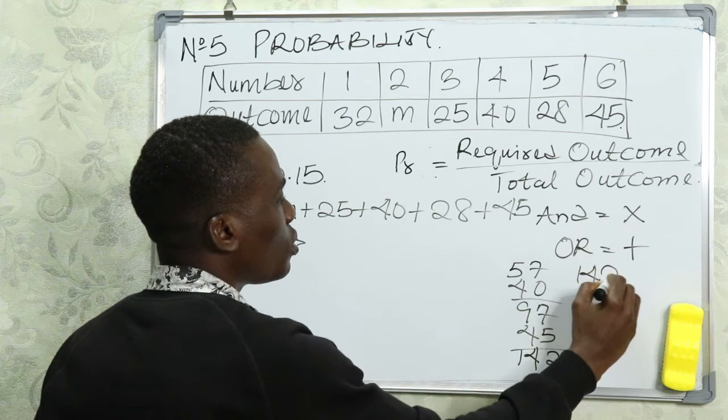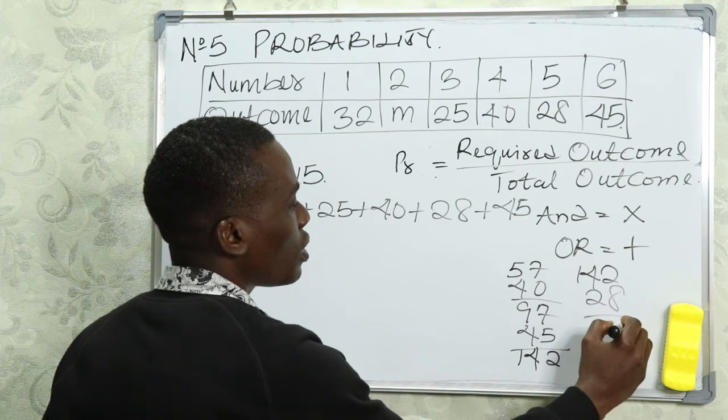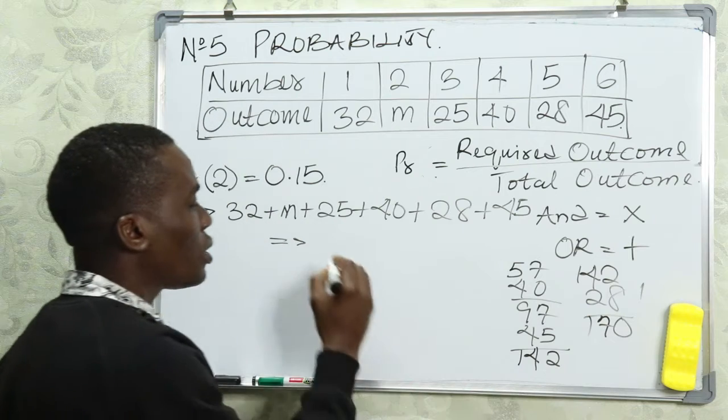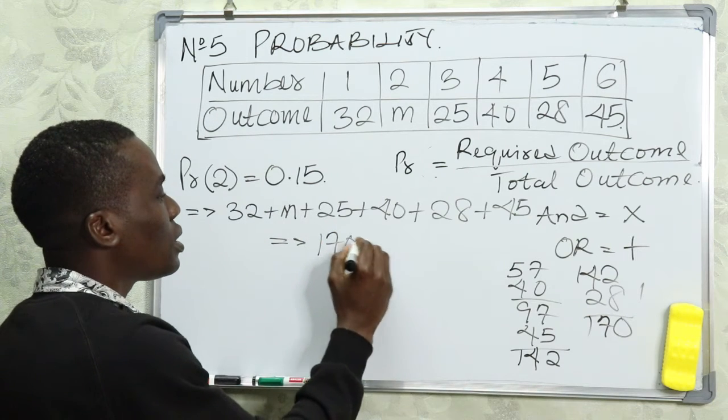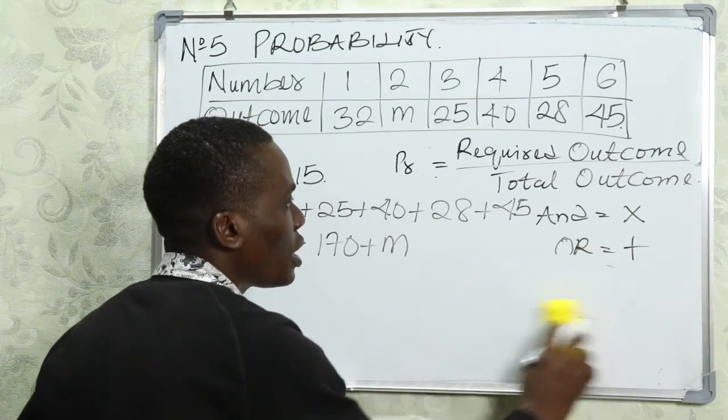Then 142 plus 28 will give us 170. So that will give us 170 plus m. That's the value we are going to get from that.